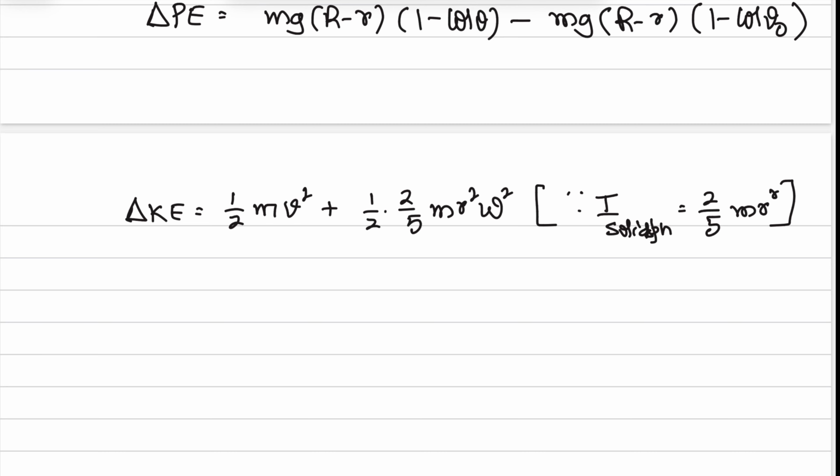These values I have calculated and proved in my previous lectures. Please refer to them for any clarification.